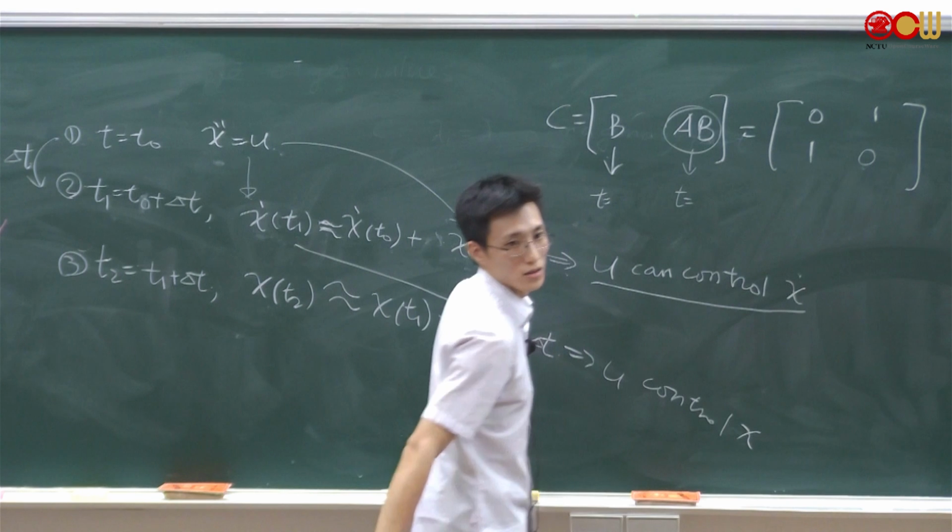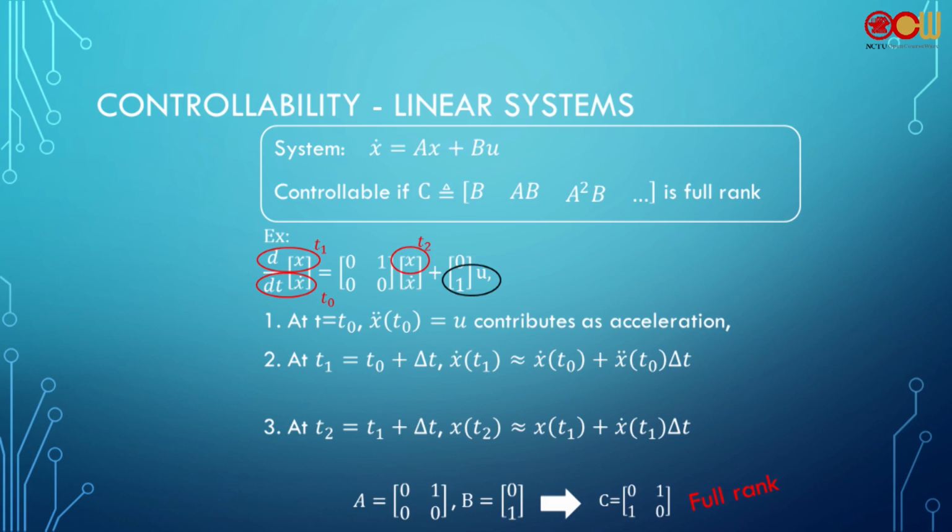And this comes from A times B, okay? Because when you use this state, this has been affected by U, right? So when you multiply this to this, the influence will come in from the second state to the first state because it's put 1 here, right? The second element times this will transit to the first element.